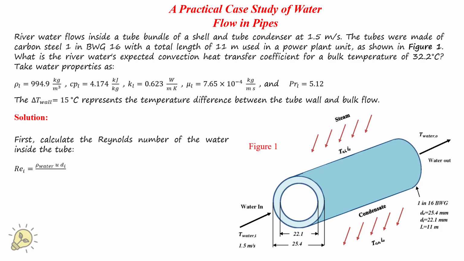Reynolds number equals rho water, U represents the velocity, D sub i, divided by dynamic viscosity of water. Substituting the corresponding values for these properties and physical dimensions of the tube, the Reynolds number was estimated to be 43,112.3. And of course, that will be a part of convection, turbulent flow.